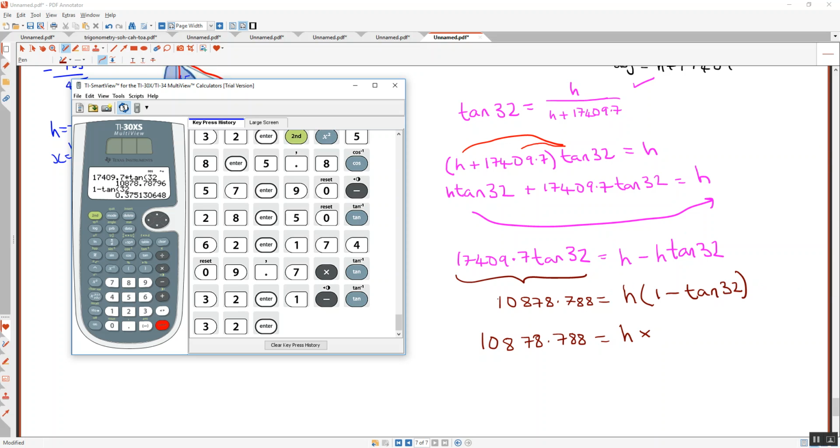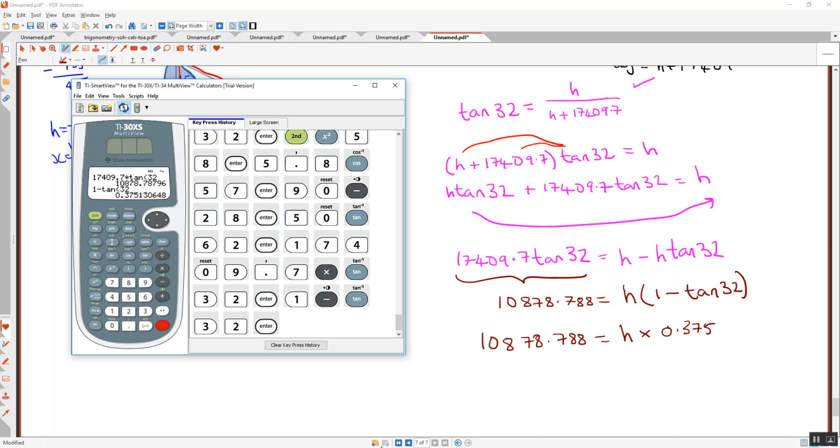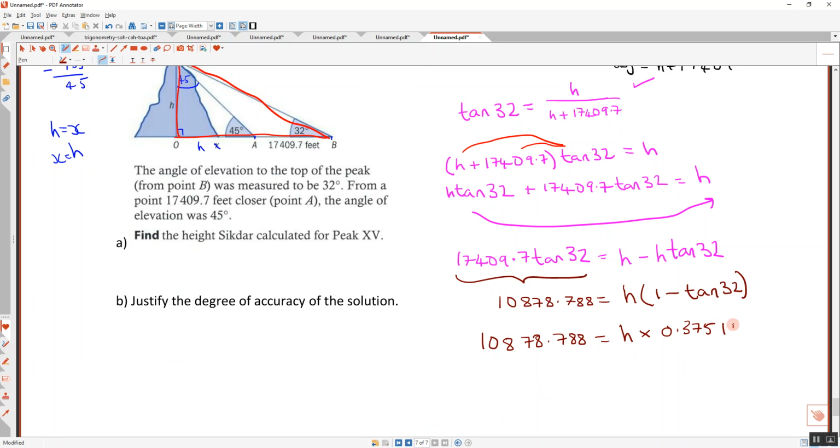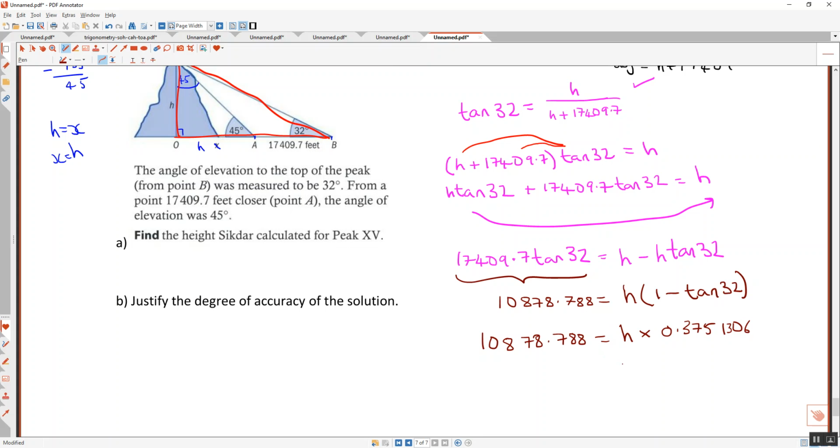So I get 0.375, and what other numbers? 1306. Just double check that. Yep. Okay, so I've got h multiplied by this is equal to this number.